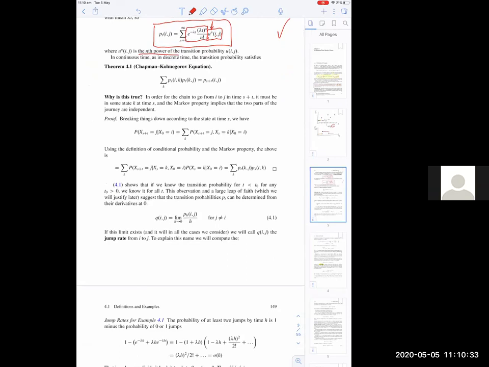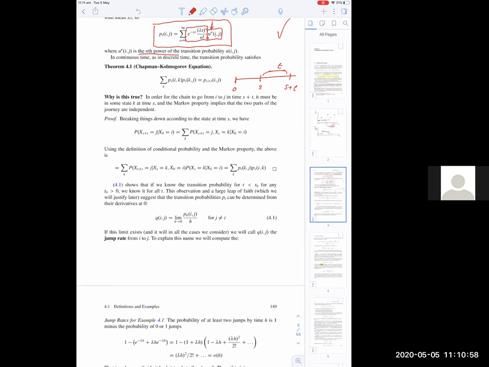And then what we want is the Chapman-Kolmogorov equation, which is just like it was in discrete time. We're taking the time interval 0 up to s, and then taking it up to s plus t, so this duration here is of length t.